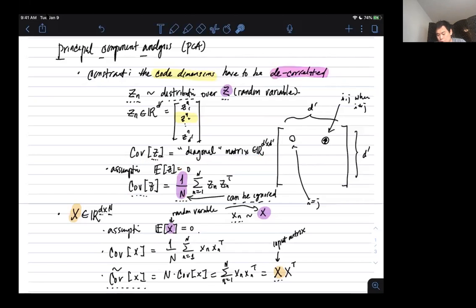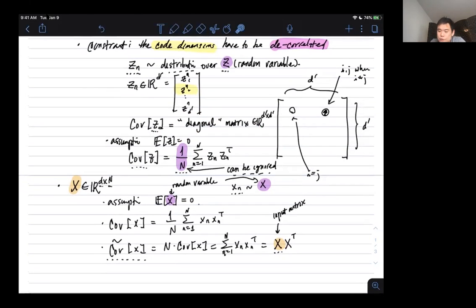If you take any diagonal matrix and multiply it with any scalar, it's still a diagonal matrix. That's why we can ignore it for our purpose of imposing the constraints.